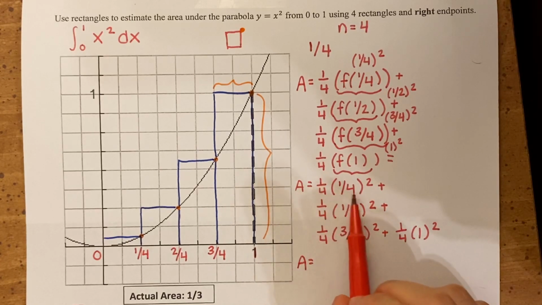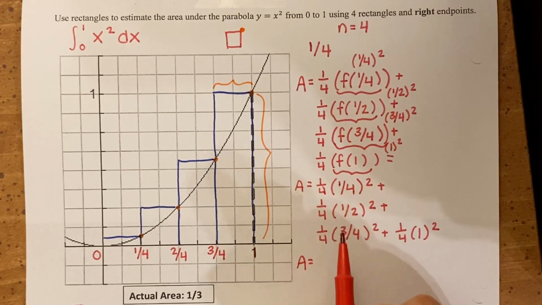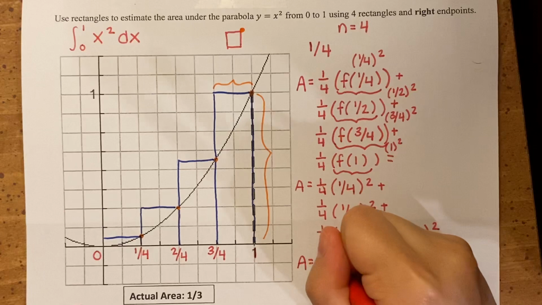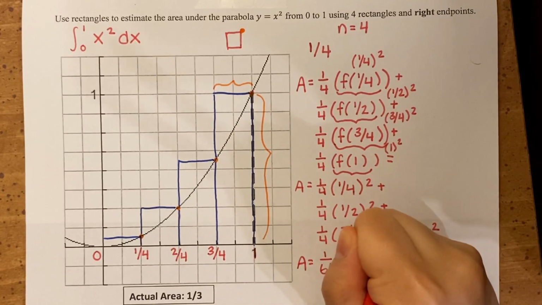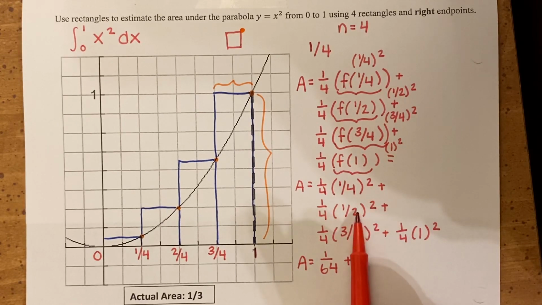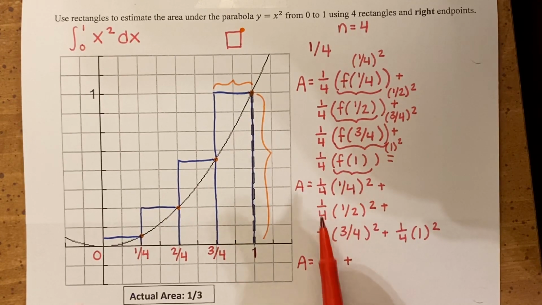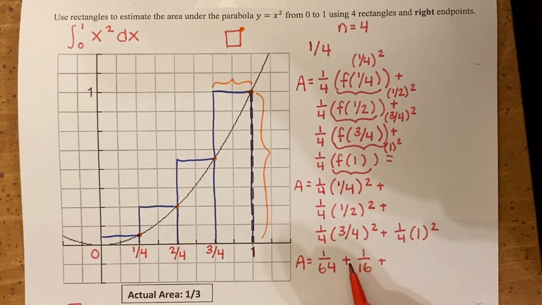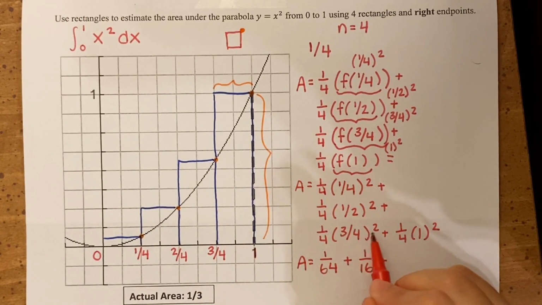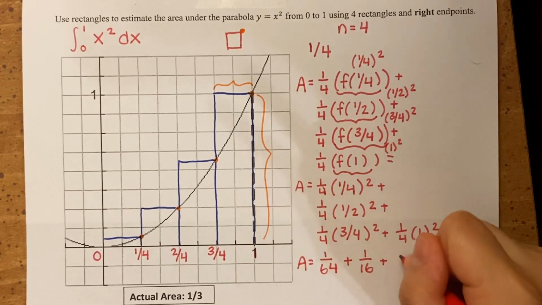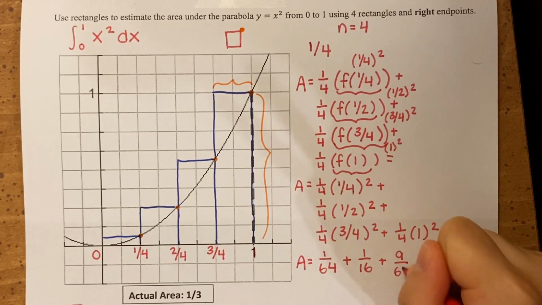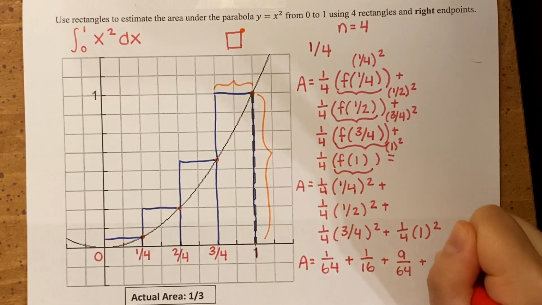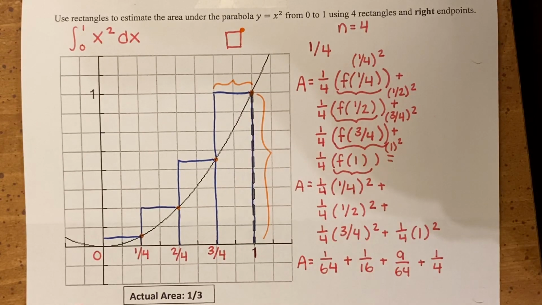So 1/4 times 1/16, because when I square this, I have 1 squared and 4 squared, gives me 1/64, plus 1/2 squared is 1/4, and 1/4 times 1/4 is 1/16, plus 3/4 squared times 1/4 gives me 9/64, plus 1/4, because 1 squared is just 1.